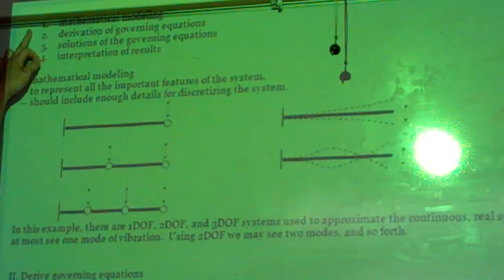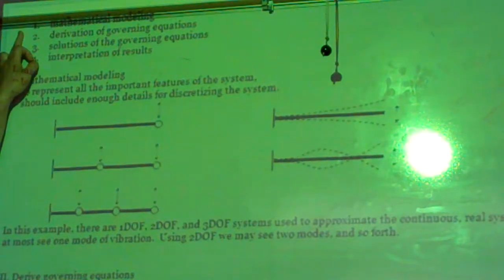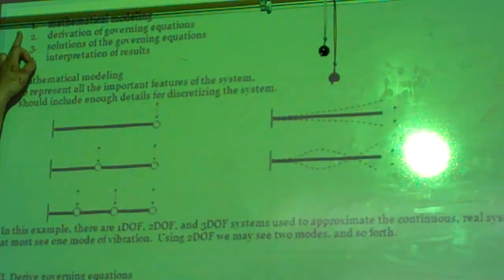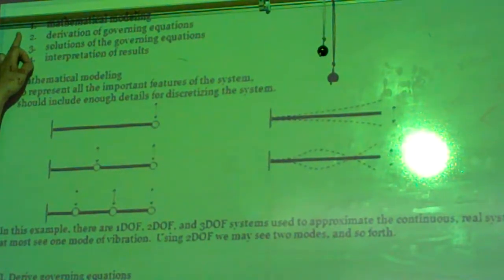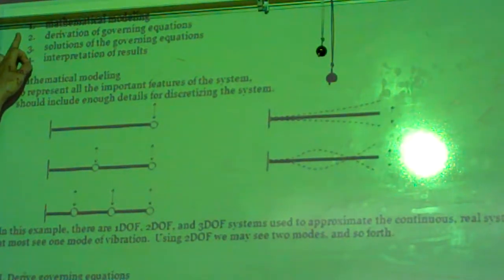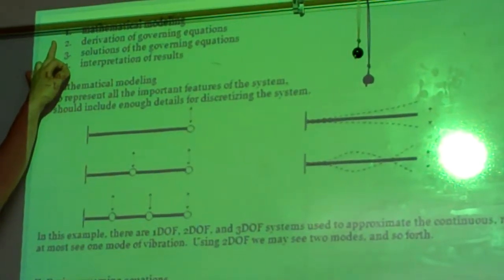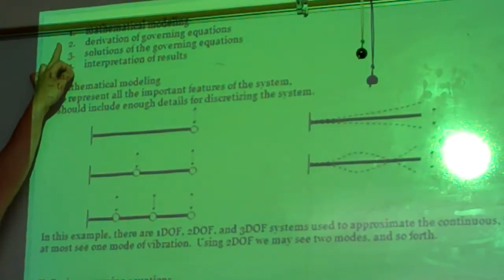Even for multiple degree of freedom systems, I'm going to teach you to use Lagrange equations, which are energy based. You need to formulate kinetic energy and potential energy, and then do some special terms in chapter 5. Whatever tools you learned from dynamics, you're going to use here.